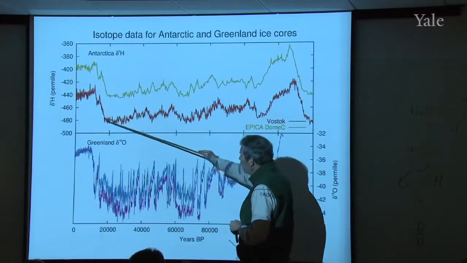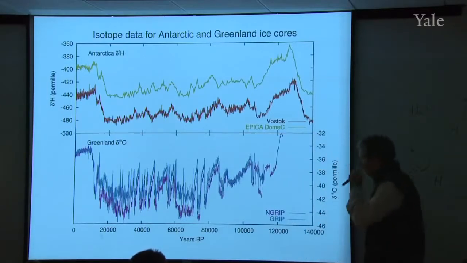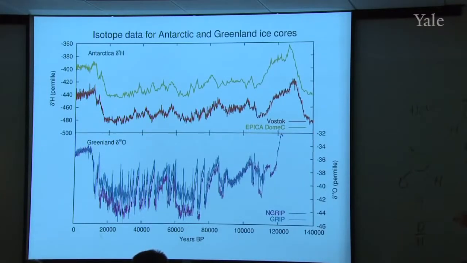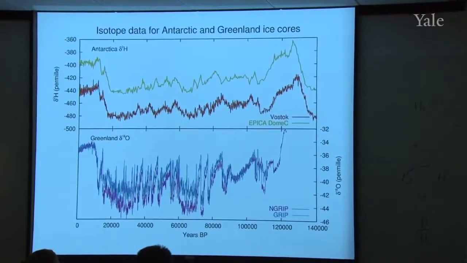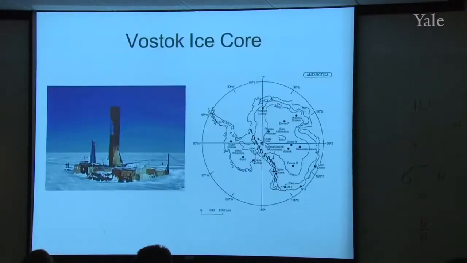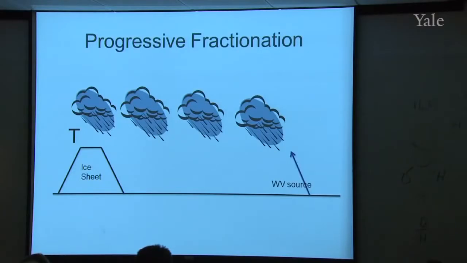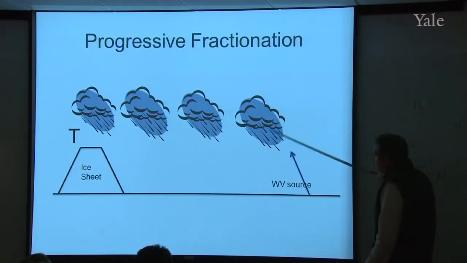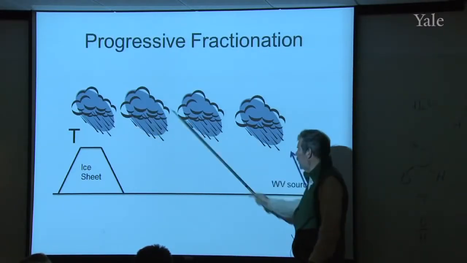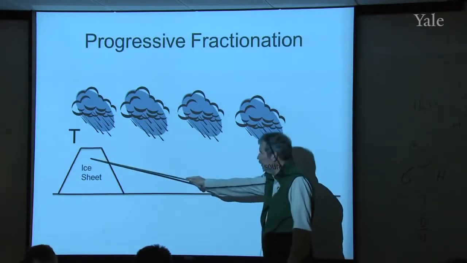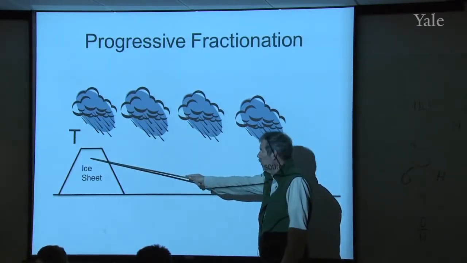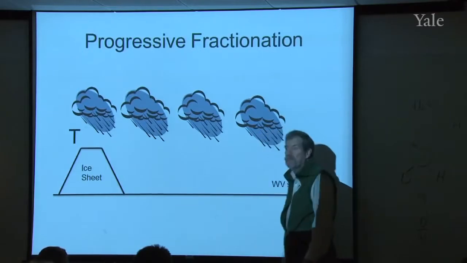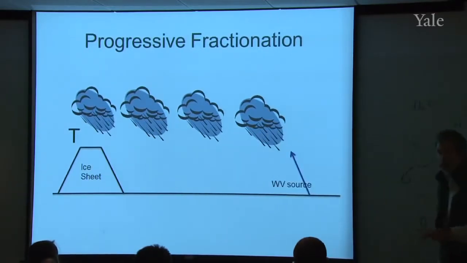Prior to that, the isotope ratios were more negative, which means lighter, and we would interpret that, according to the dominant literature on this, as having more water removed between source and sample location, which means a lower temperature at the sample location.